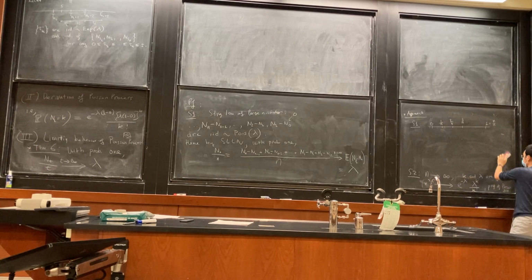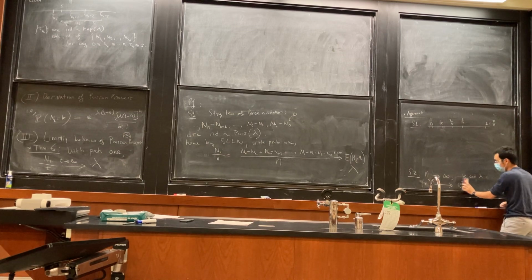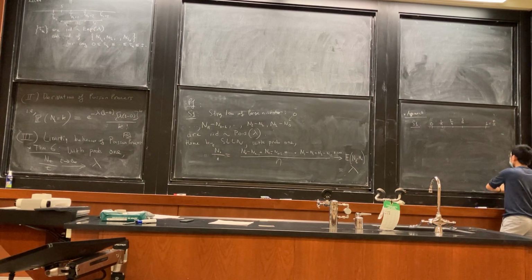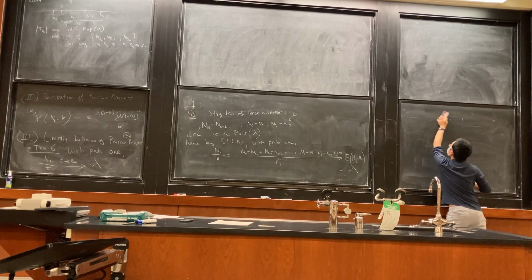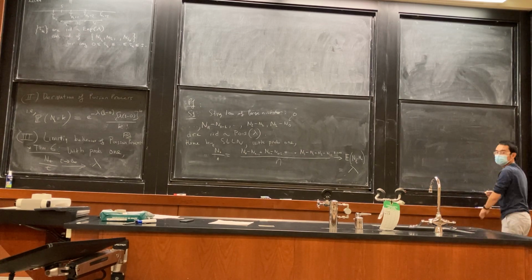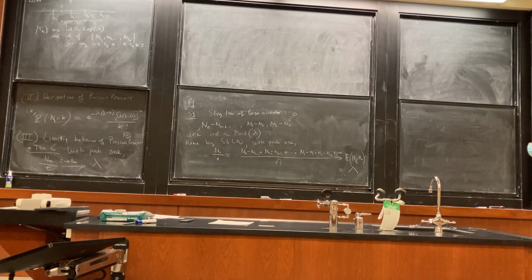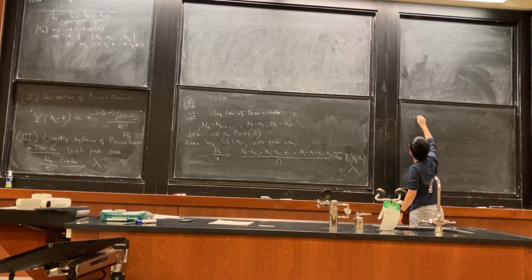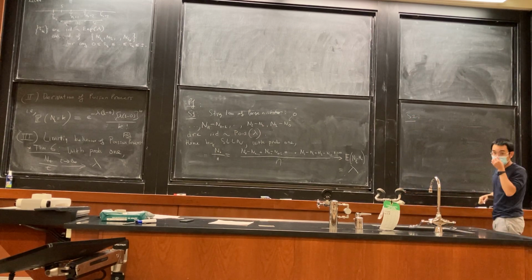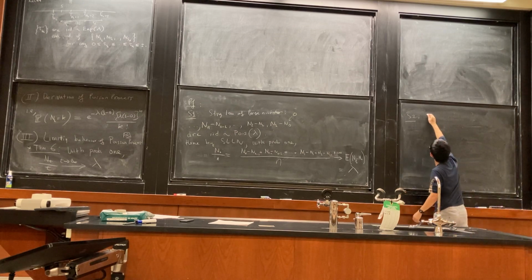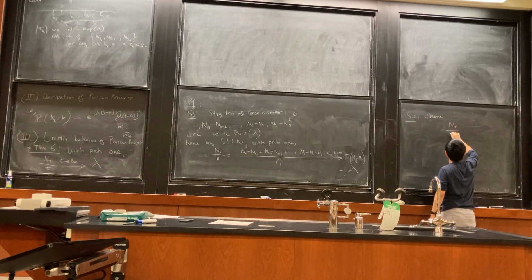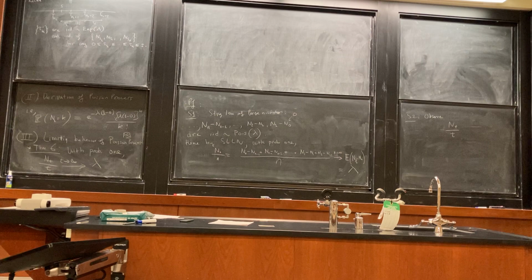So how do I convert to any real time t? Now step 2, in order to include any real time t. Observe N_t over t. Basically, I want to bound this ratio from above and from below.